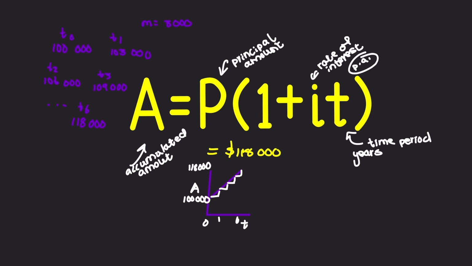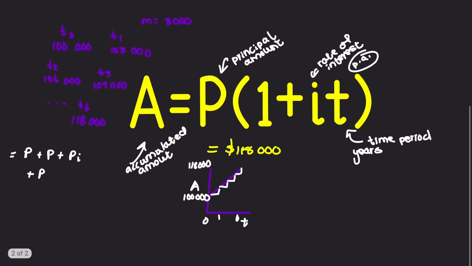Well, we know that this here is equal to P, the principal amount, plus what? PI. At time 2, it is P again plus PI.